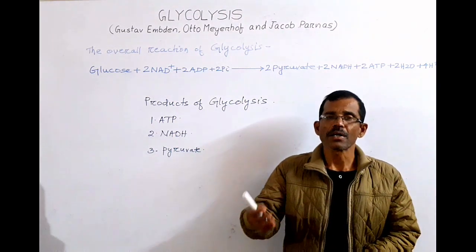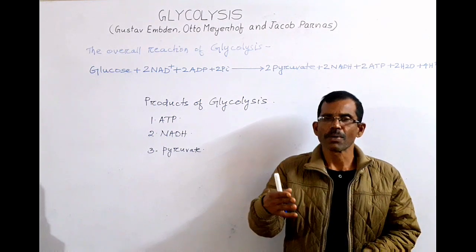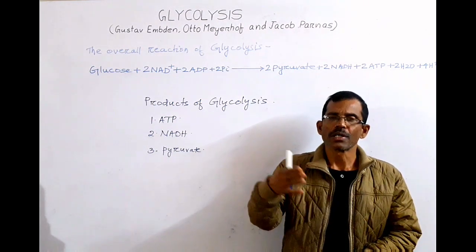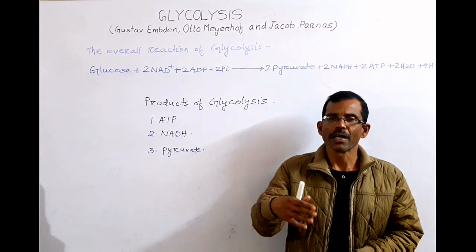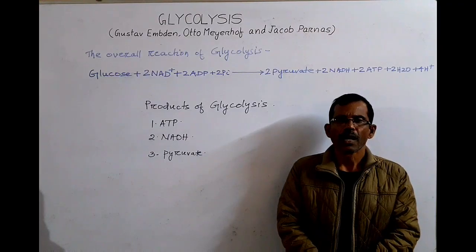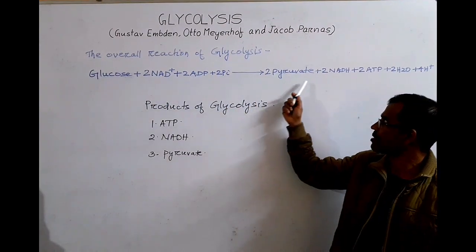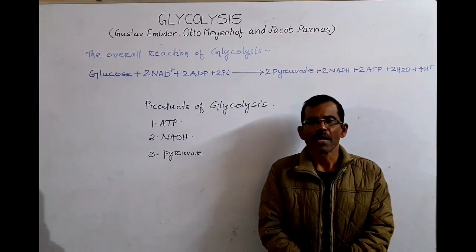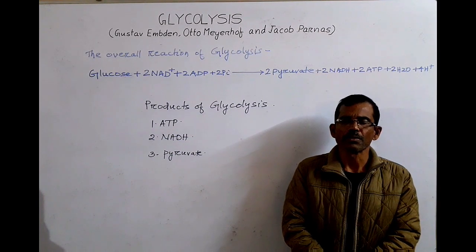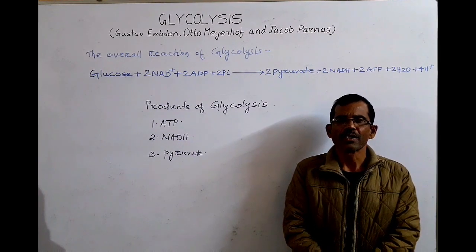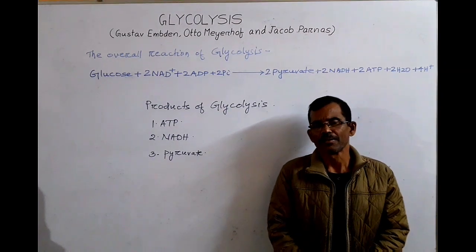Under anaerobic conditions, the NADH must be oxidized by some other means to keep the glycolytic pathway supplied with NAD+. In glycolysis, glucose is partially oxidized to pyruvate, and pyruvate is a still relatively reduced molecule which undergoes complete oxidation by the citric acid cycle.